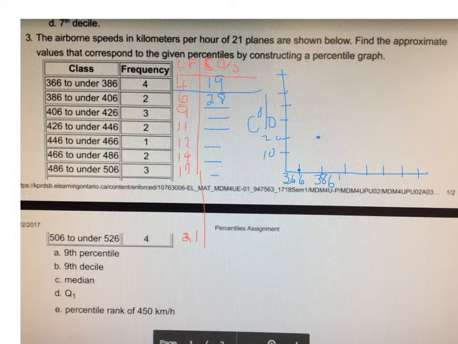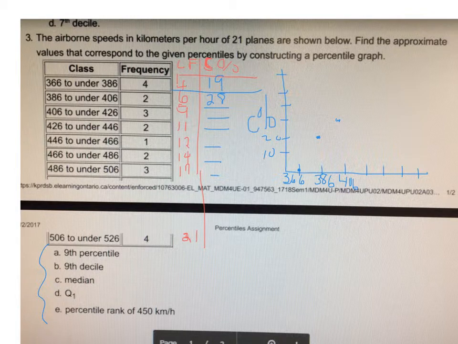So the next one's going to be 406. And by the time you get to 406, you're at 28%, which is almost at the 30 mark, and so on. If you join up all of your points on your graph, then you should be able to then answer the questions that they're asking in number 3 about the percentiles in the median and so on.